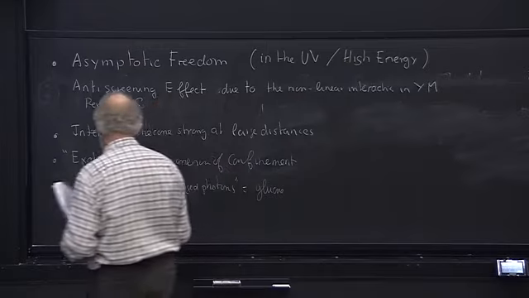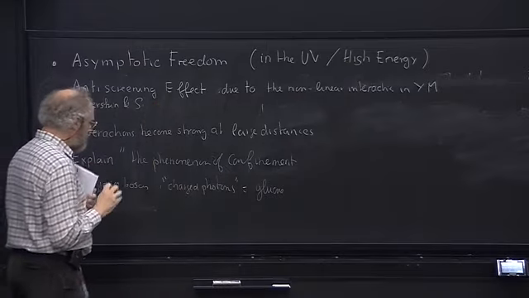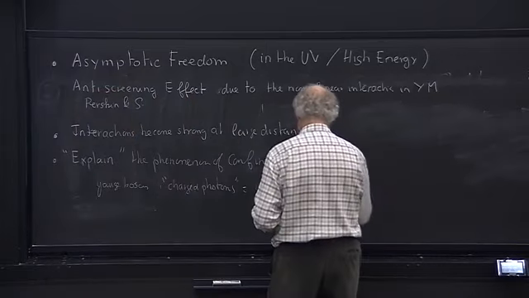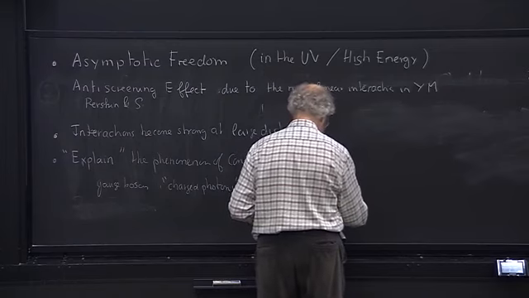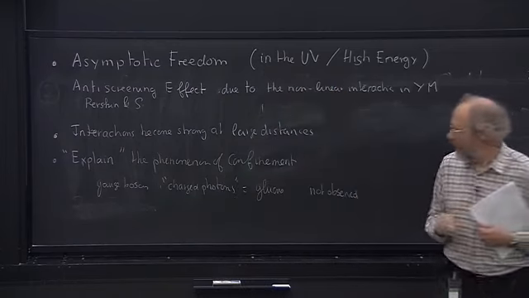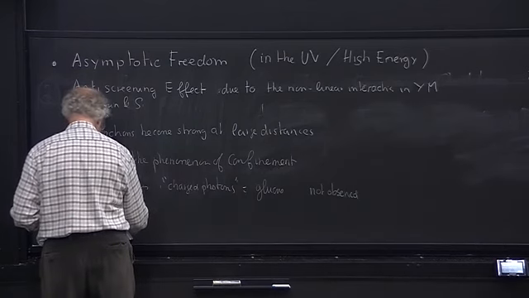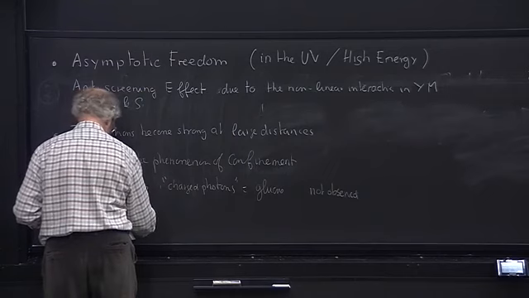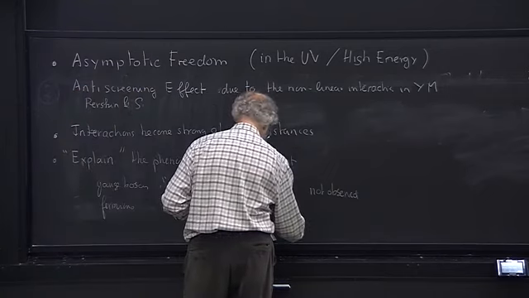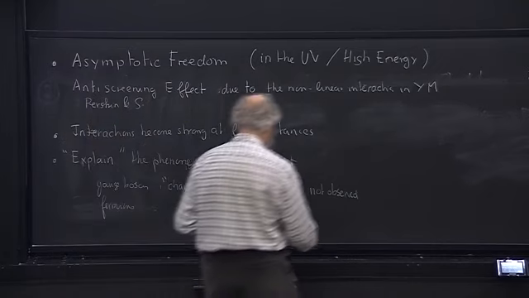Okay. And in pure Yang-Mills, you have only gauge bosons, so you have charged photons. Nobody has ever observed a free gauge boson. And moreover, if you have fermions, which are of course charged, which correspond to the quarks for QCD, they are not observed either.